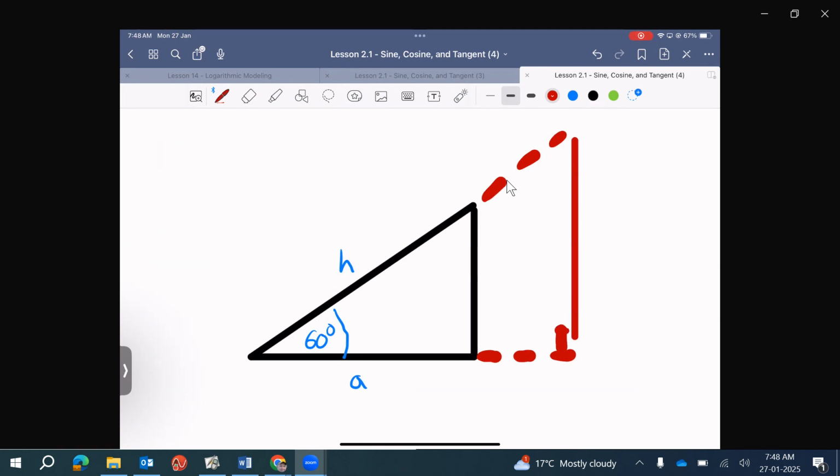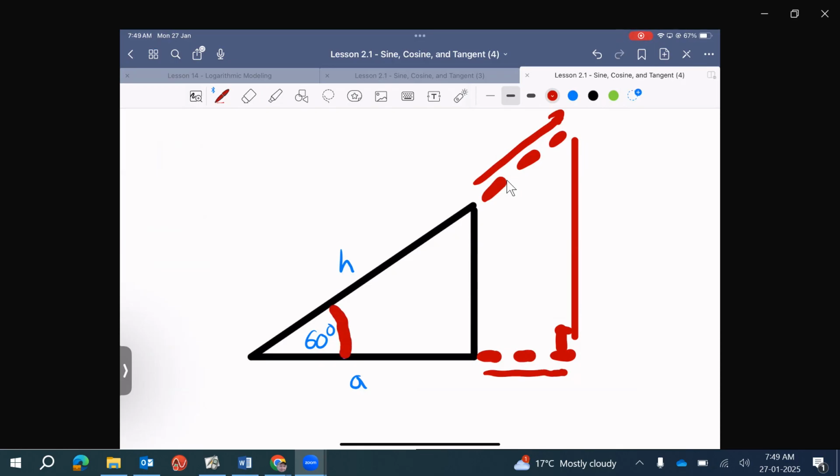It's still a right-angled triangle. I extend it. Notice how this line here has been extended, but this line here has been extended more. The hypotenuse will have to be extended more than the adjacent. But the ratio at which they get extended is always the same because it's defined by this angle here.